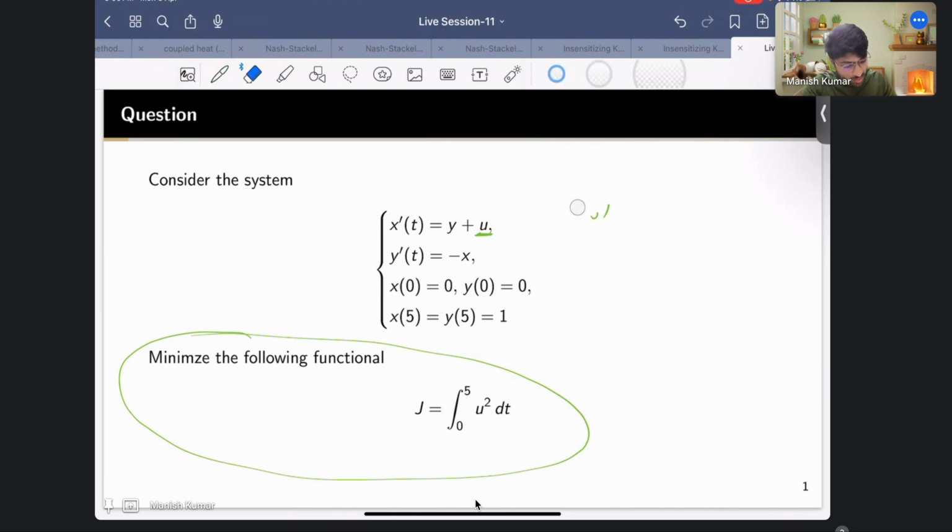The question would be: does there exist x, y, u which solves this system?